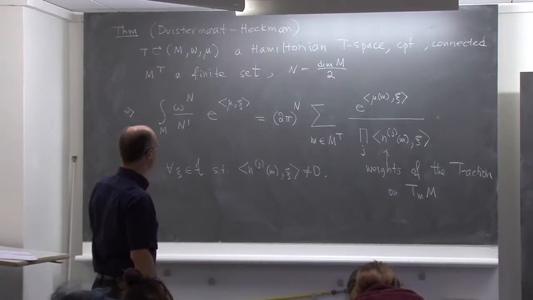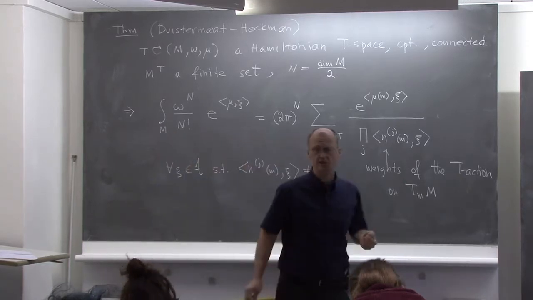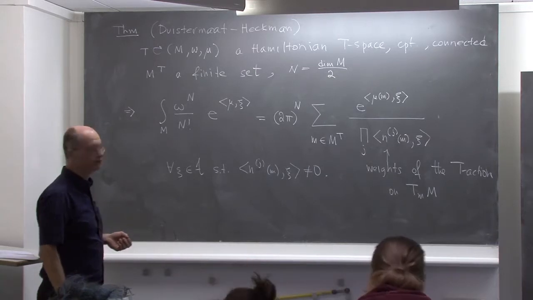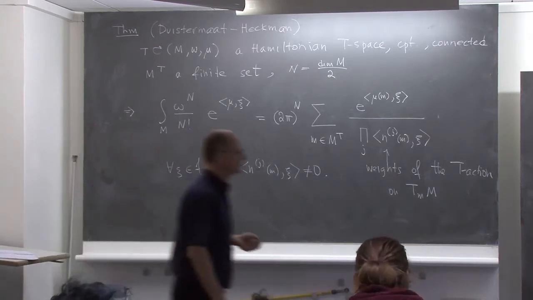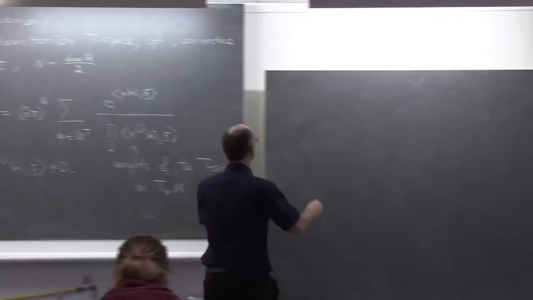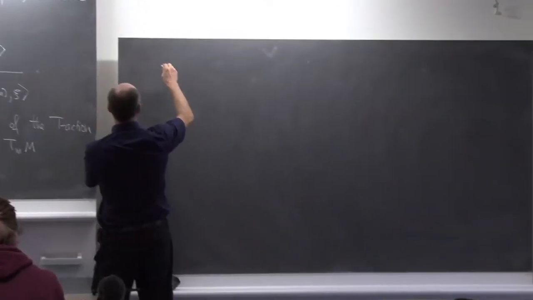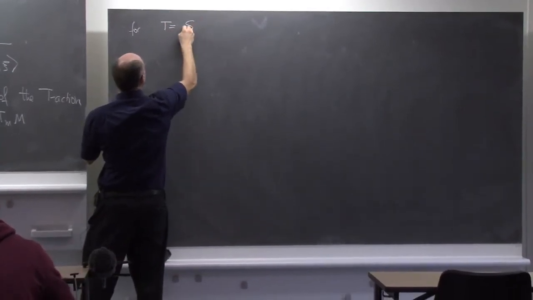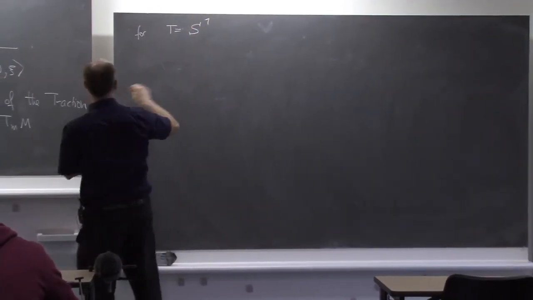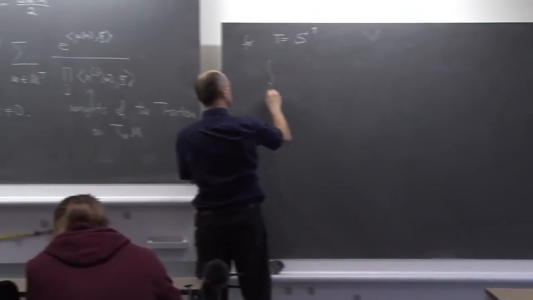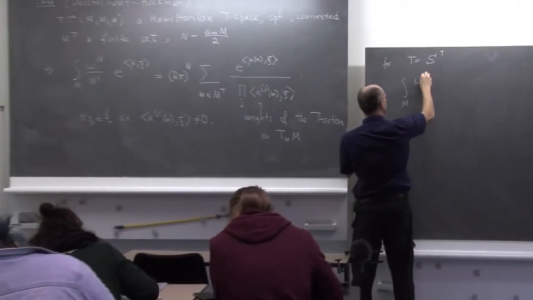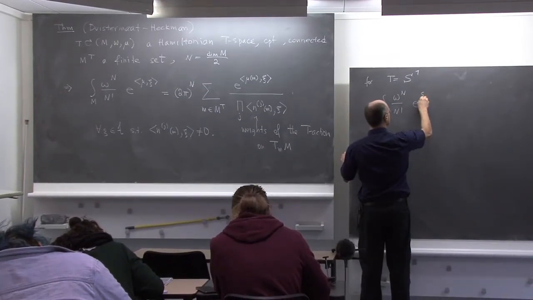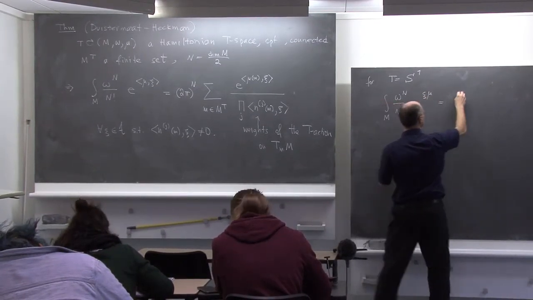So that's a beautiful formula, but probably, again, to simplify our life today, let's prove the S^1 version. The proof is essentially the same, but the formula is a little bit easier. So for T equal to S^1, the formula is like that: omega to the n over n factorial, exponential of xi mu.